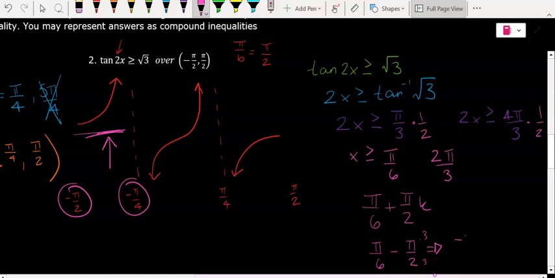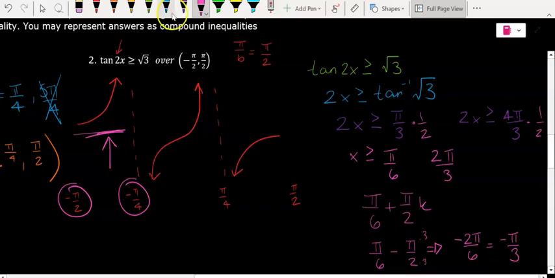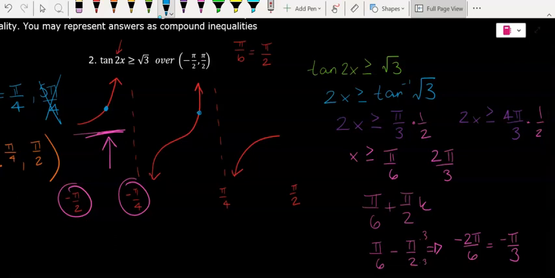And so now I have -2 pi over 6, which is going to reduce down and get me -pi over 3. And so that is what I have for the location that I've got right here. Okay, so I have two solutions. They're just located at pi over 6 and -pi over 3 to get me within the domain that I need of -pi over 2 to pi over 2.